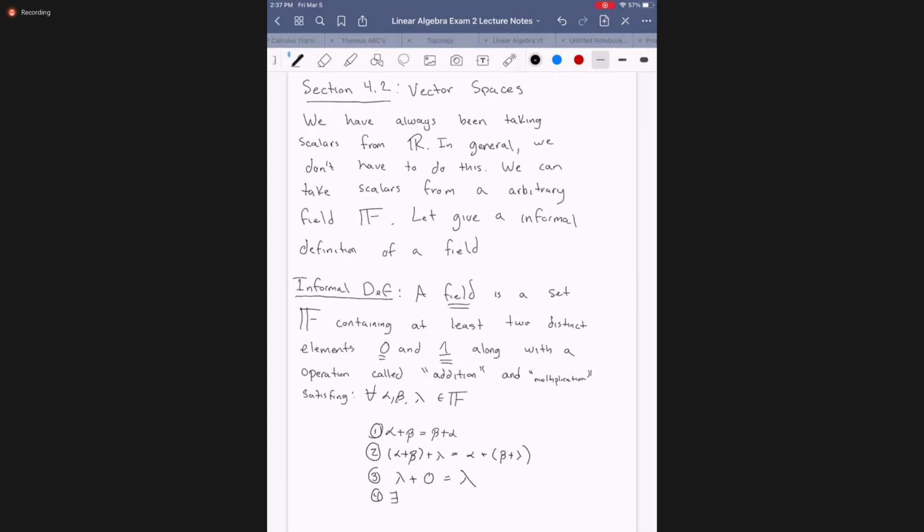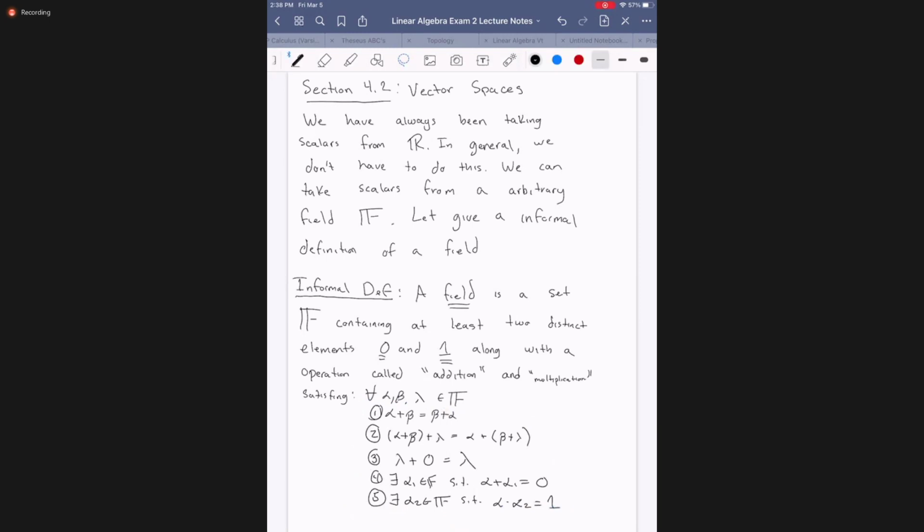There exists an alpha 1 in the field such that alpha plus alpha 1 is equal to that 0 thing that we called. There also exists an alpha 2 in my field such that when you multiply under this multiplication operation we have, it's the number 1, or what we called the number 1.